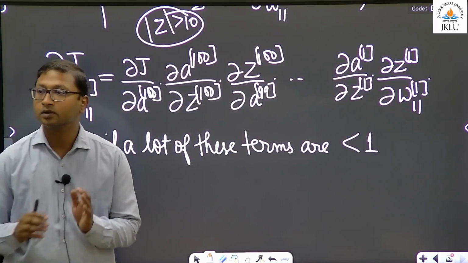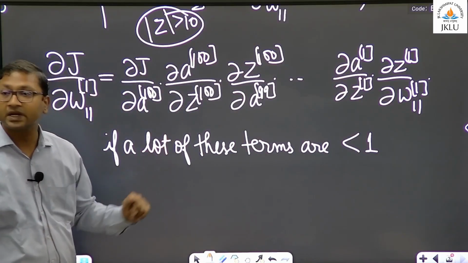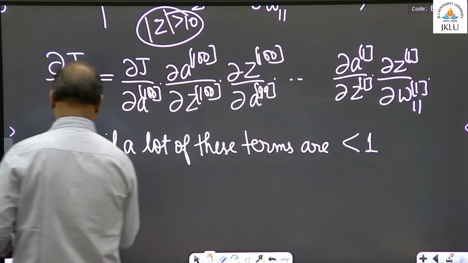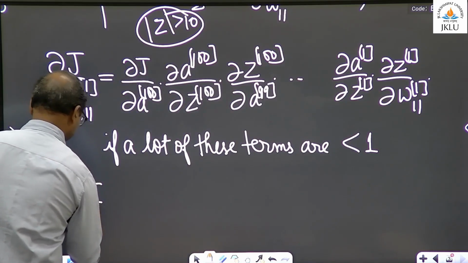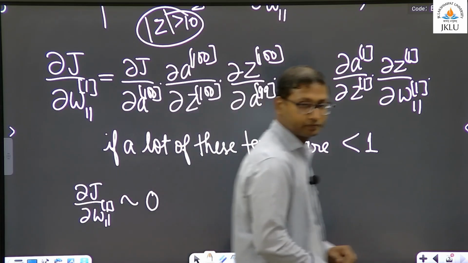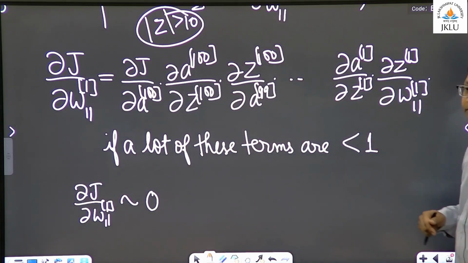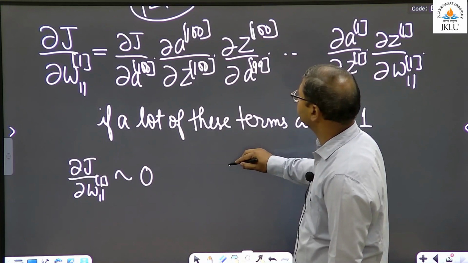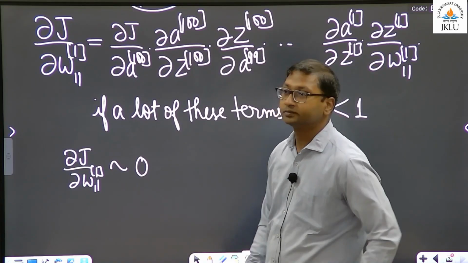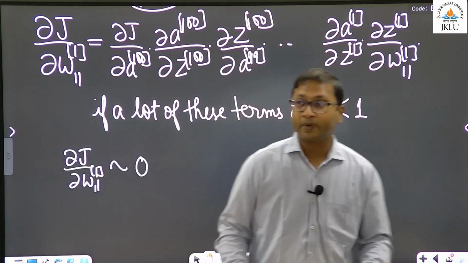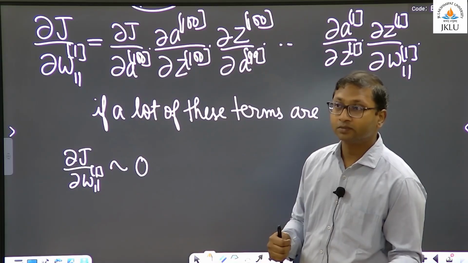If a lot of these terms are less than 1, del J by del w11 is 0. And why is this bad? Slow update. In fact, no update. But updates should have been there.